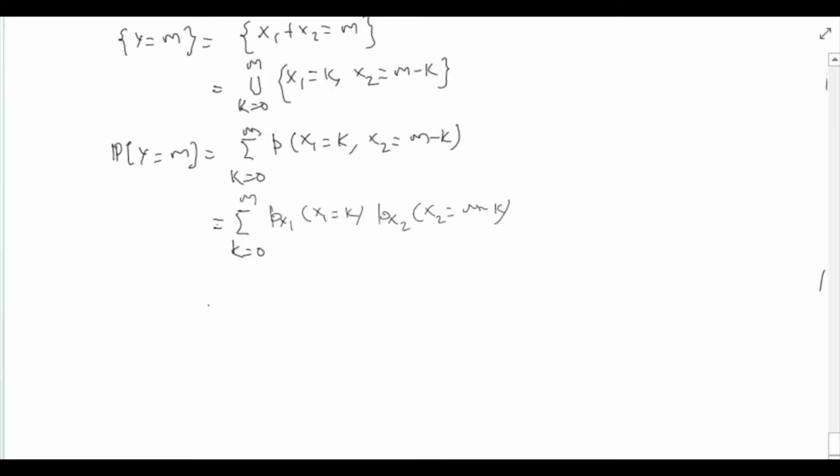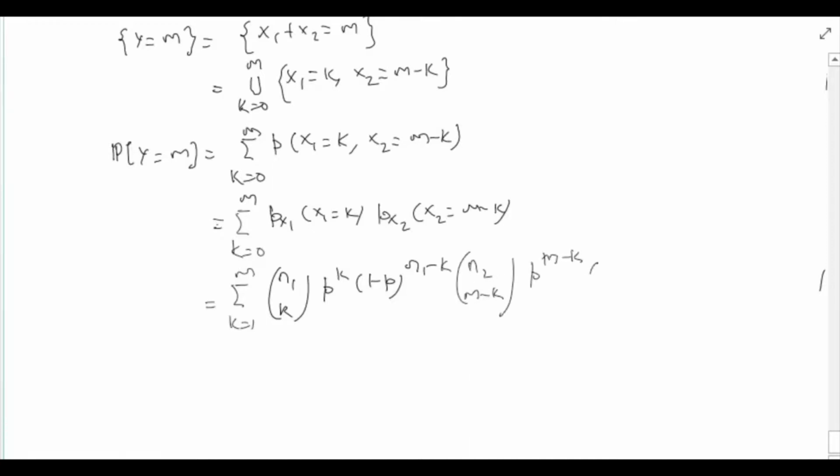Since both x1 and x2 are binomial random variables, the terms inside the summation become equal to n1 choose k, p raised to k, 1 minus p raised to n1 minus k, times n2 choose m minus k, times p raised to m minus k, times 1 minus p raised to n2 minus (m minus k).